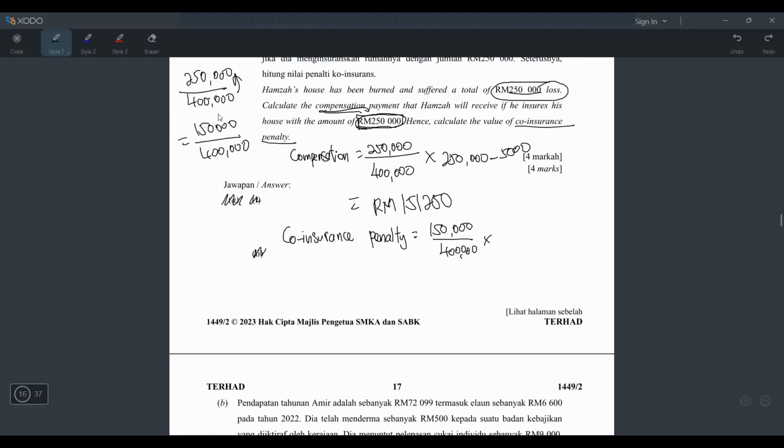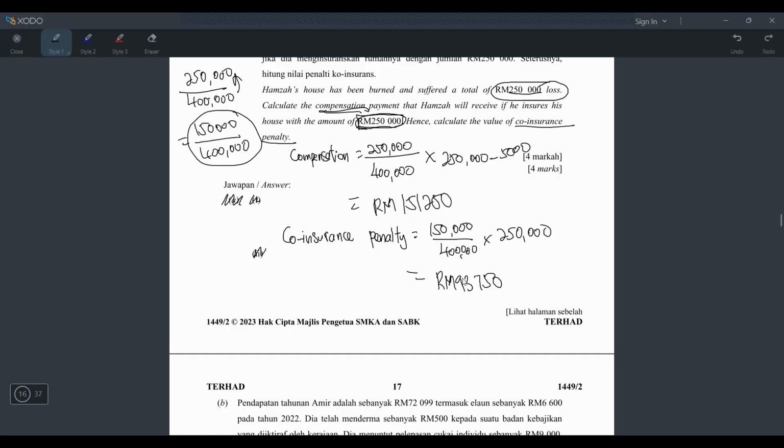So if I say 250,000 over 400,000, the other side of the fraction is this. And what you do is you times with the loss, which is 250,000. Okay. So let's press 150 divide 400 times 250,000. 93,750. So your penalty is 93,750.